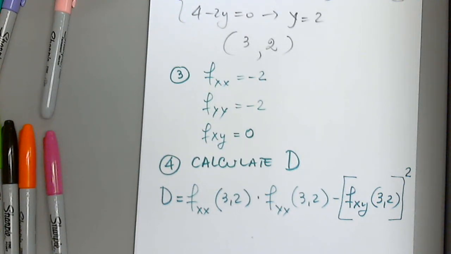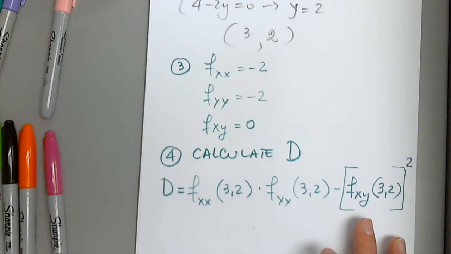Squared because it's fxy and then fyx, but they're the same. Exactly. Okay. We will determine the number right in a minute.